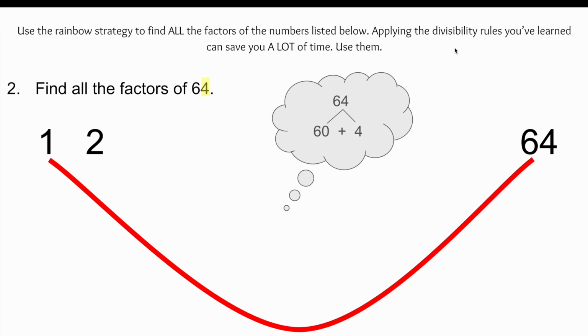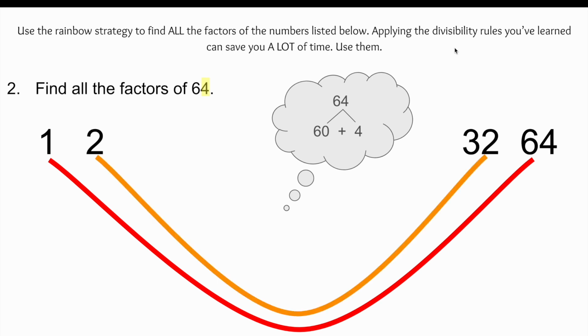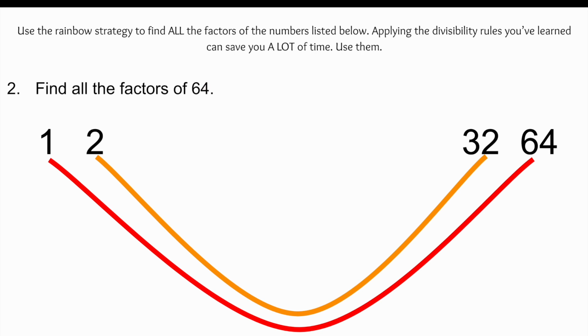So half of 60 is 30 and half of 4 is 2. And if I put those together, that will be half of 64. Half of 60 is 30, half of 4 is 2, 30 plus 2 equals 32. So that's my other factor. 2 times 32 equals 64. Now on to 3.